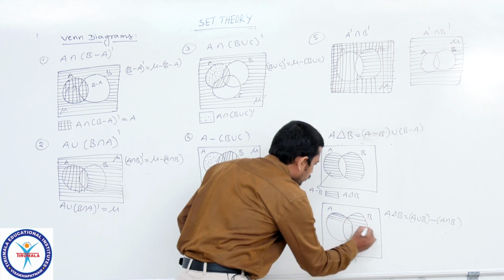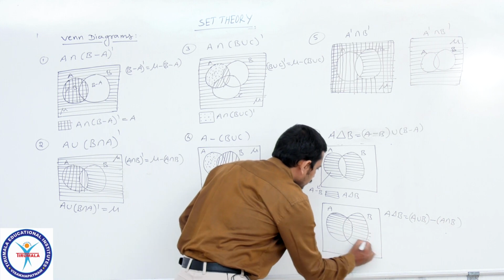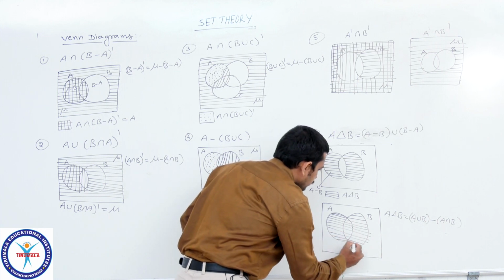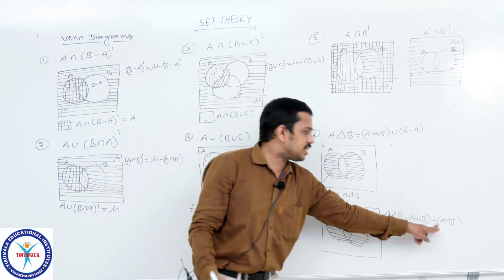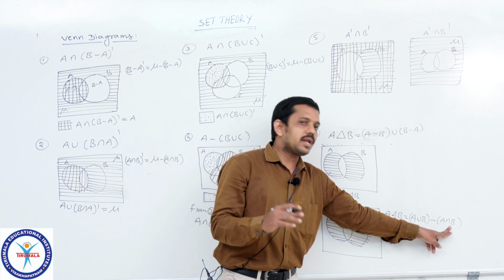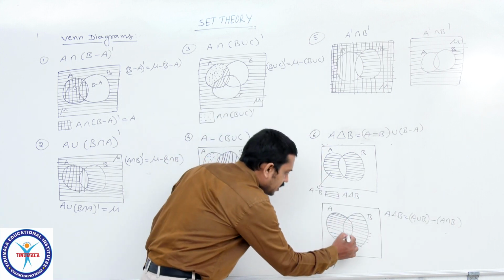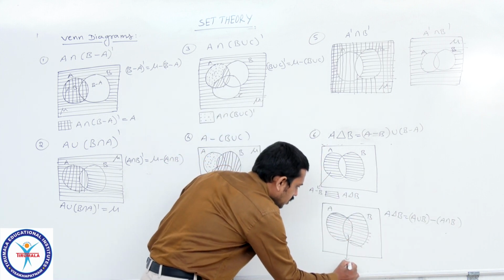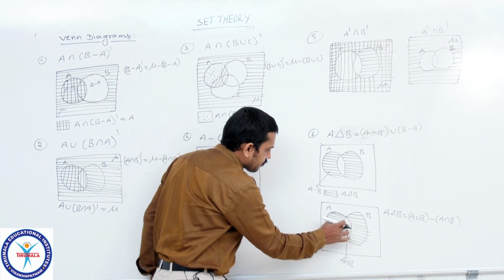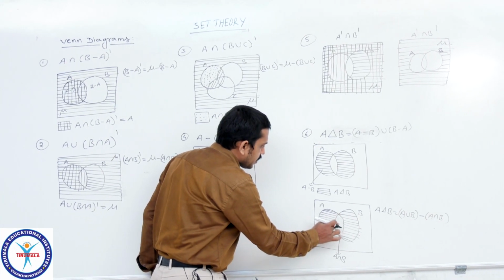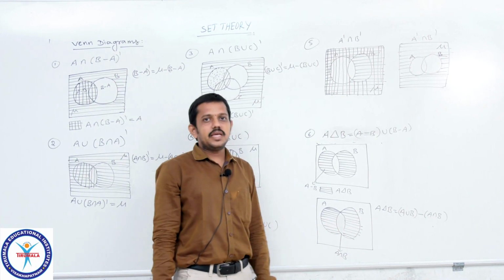This is the region belonging to A or B. Now, we have to eliminate the region belonging to both A and B, means we have to eliminate the common region of A intersection B. Here, what is the common region of A intersection B? This is. Means from this shaded portion we have to exclude this region. Then the region which remains gives A delta B.